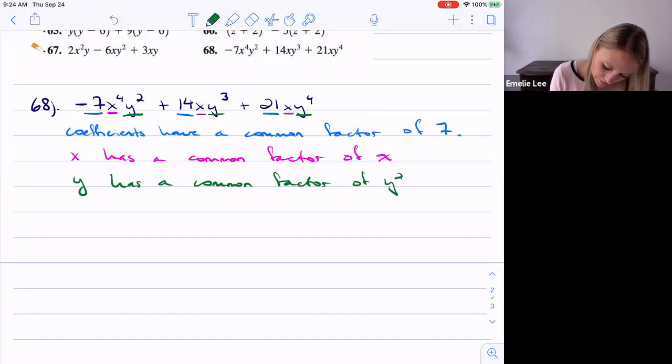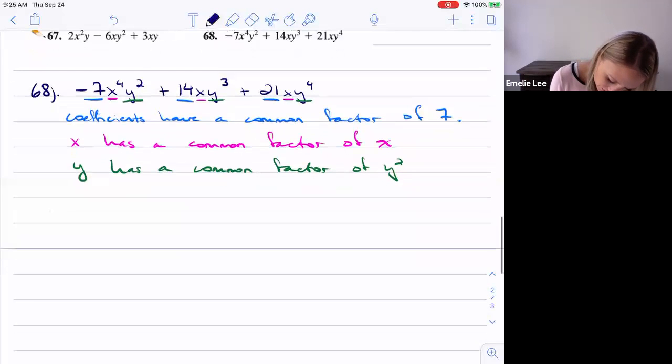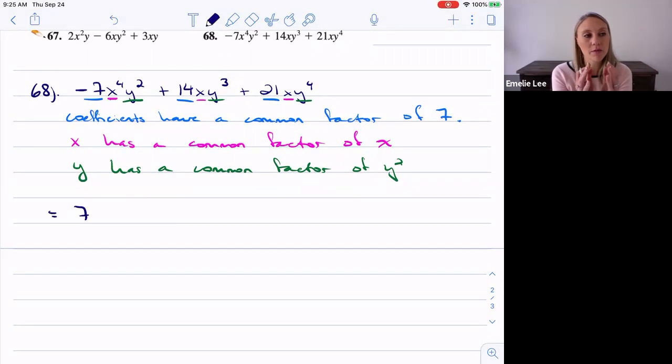So what I'm going to do is pull out, usually with this negative here, I would just leave the negative and only pull out the positive 7 and deal with that negative later. So now I'm going to put all my common factors together: 7xy squared.